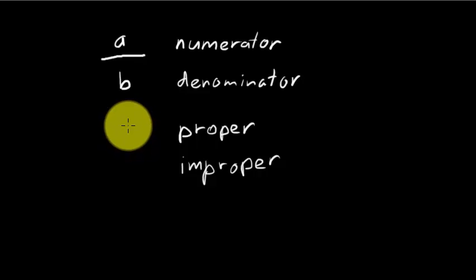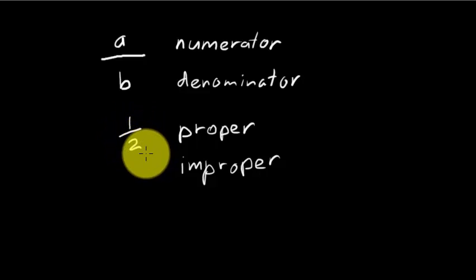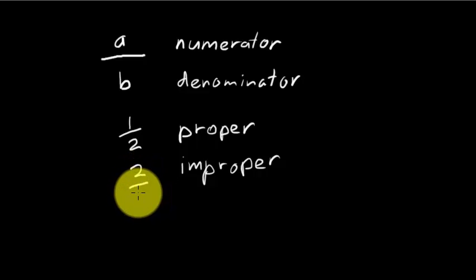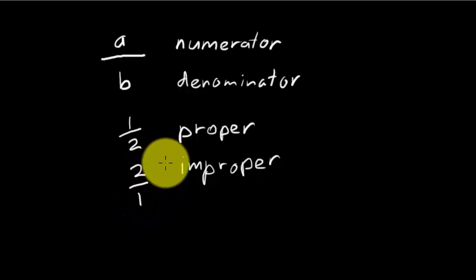So an example of a proper fraction is simply half. Because 1 is less than 2, it is a proper fraction. Now reversing that, say we had 2 over 1, that would be an improper fraction.